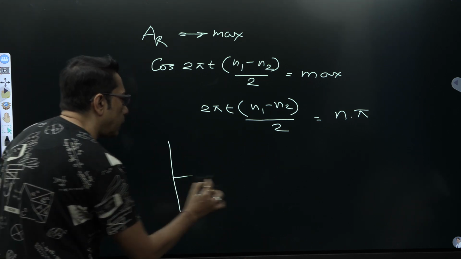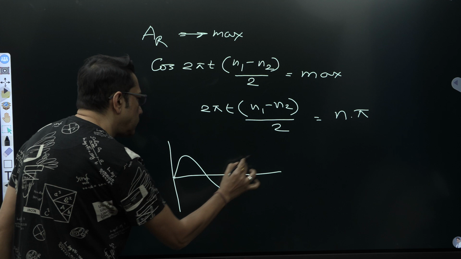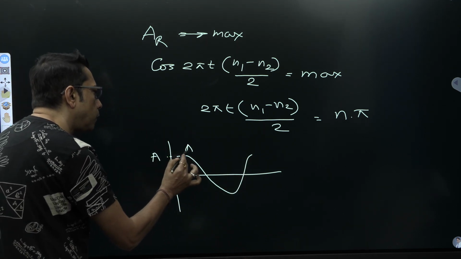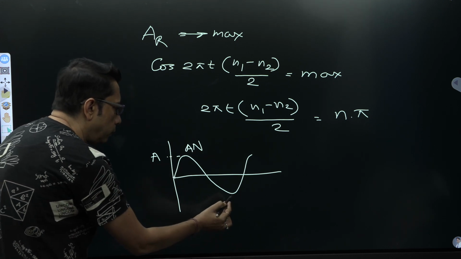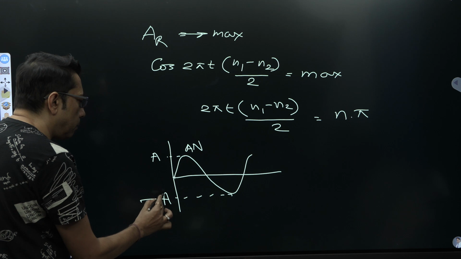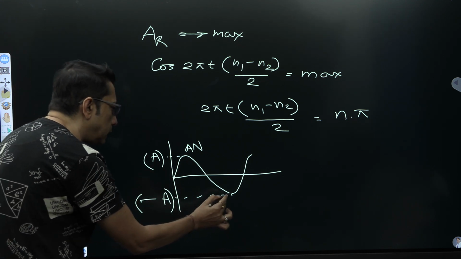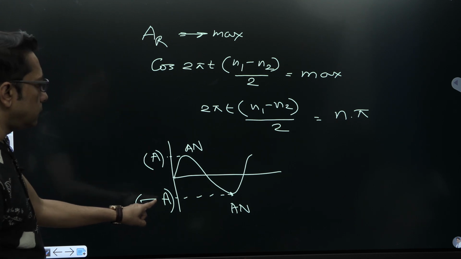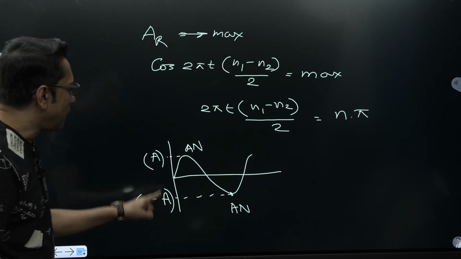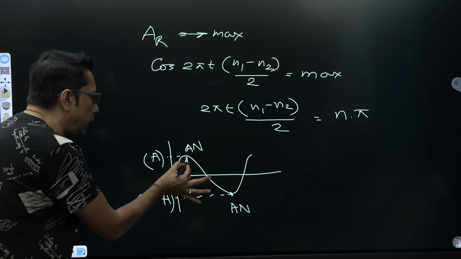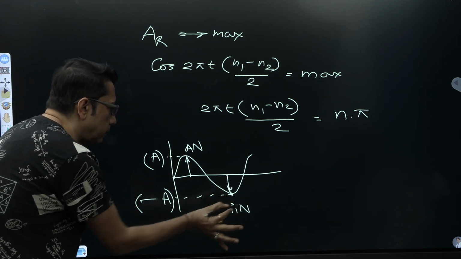If you want to know why: if we draw a graph like this, then we call this the maximum value because this forms an antinode. We will call this value also the maximum value because this is also an antinode. But this value is taken as minus A, and this value is taken as plus A. Both these values have magnitude A, one upper and one below.